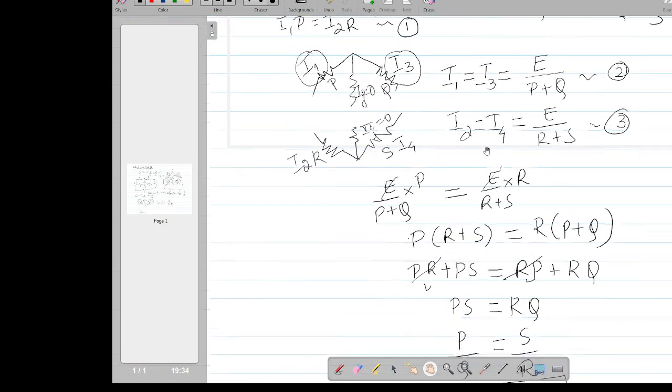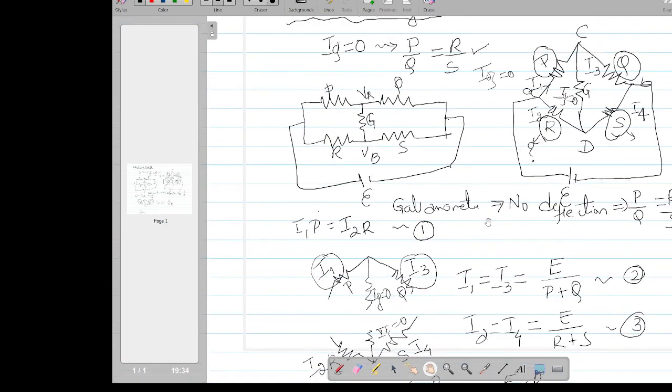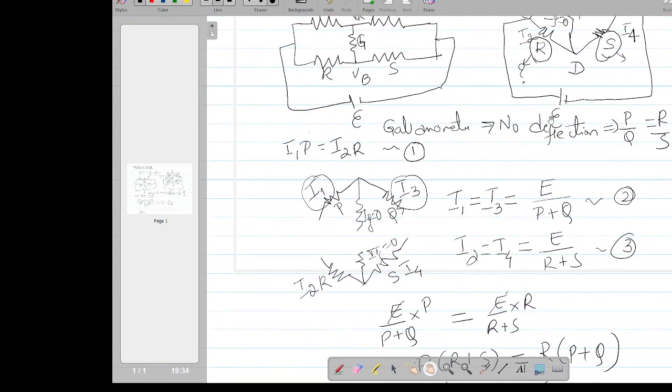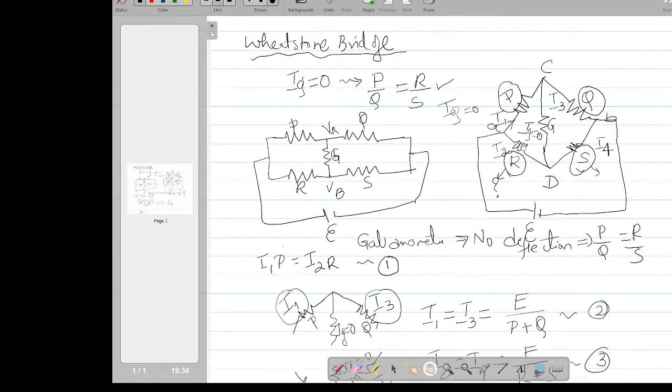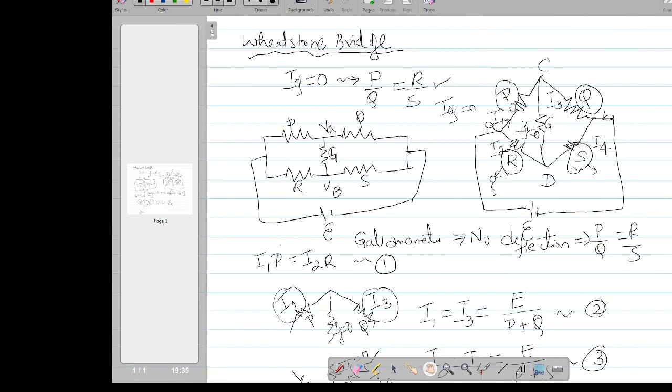So here is what we have to understand: the current I1 flowing at resistor P must be equal to the current flowing through resistor Q, and the current flowing through resistor R is equal to the current flowing through resistor S, because P and Q become a series connection and R and S become a series connection.